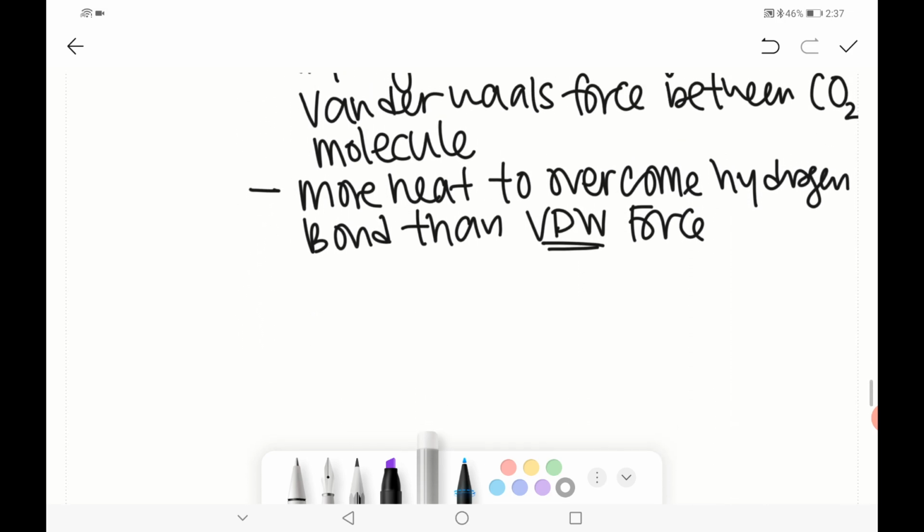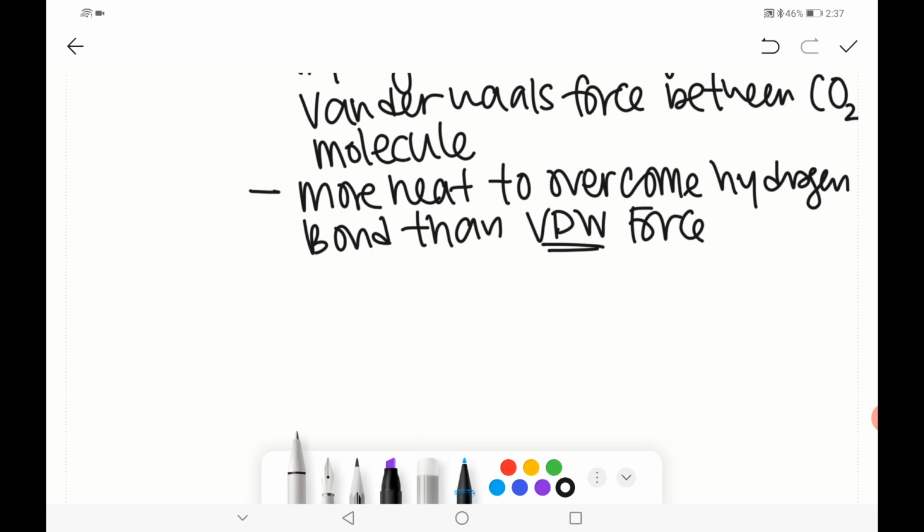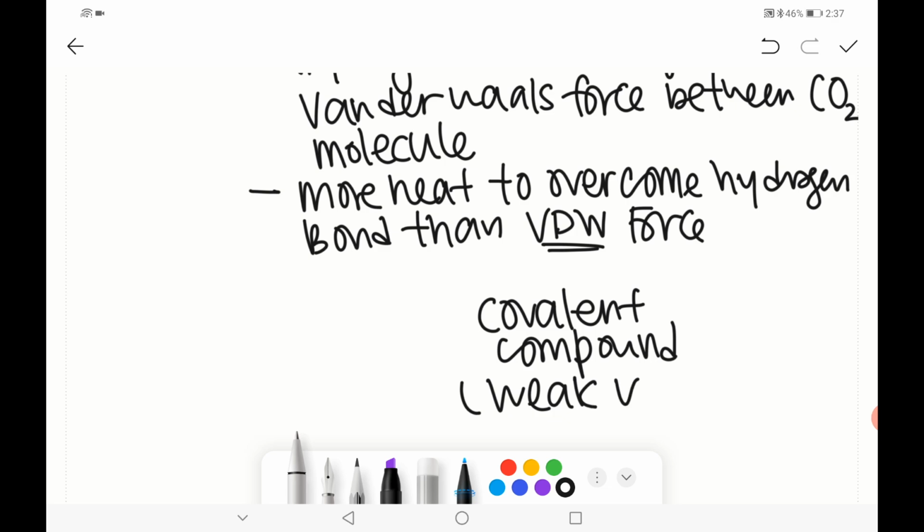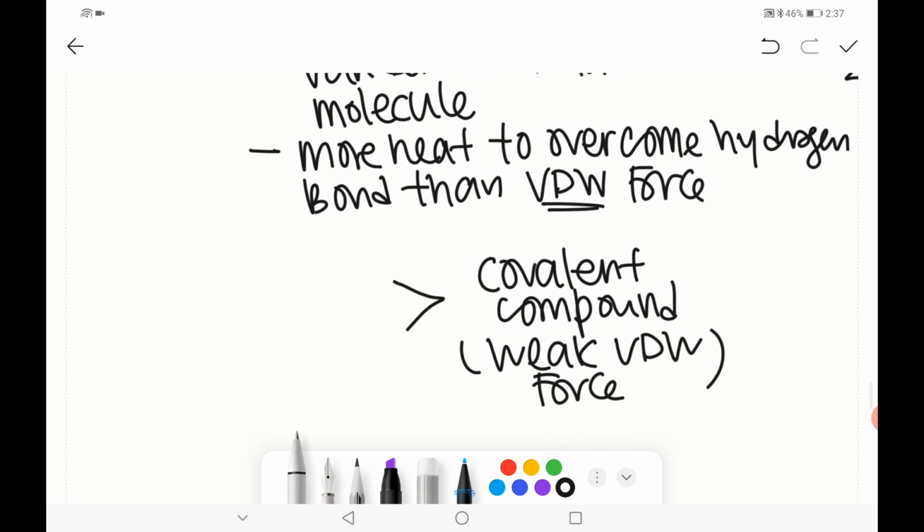All right, for now I want you to see the comparison. Covalent compounds are only attracted by very weak van der Waals force. Van der Waals force is weaker than hydrogen bond, so hydrogen bond will beat the van der Waals force.